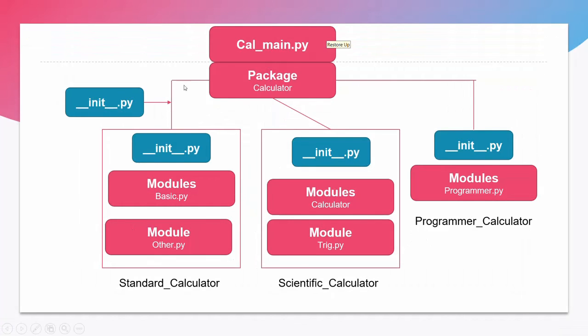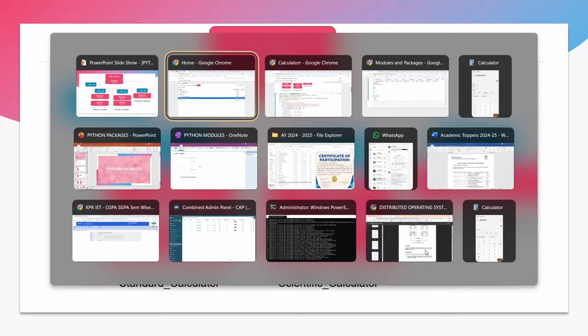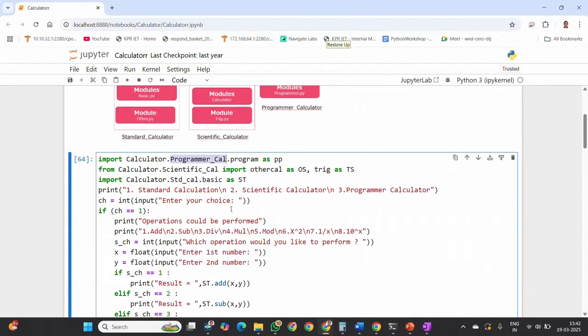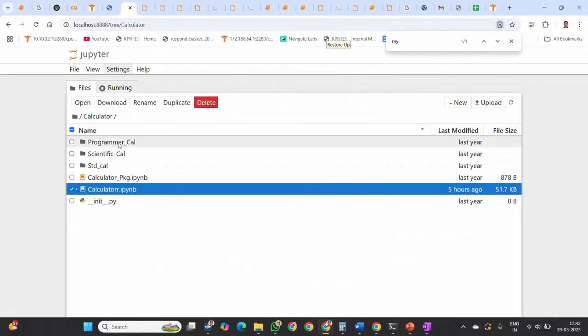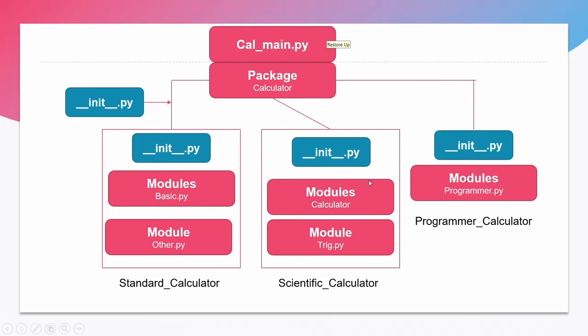This is my calculator package, and inside this I have the programmer calculator. So how will I call that particular package? What is my main package name? Calculator dot programmer calculator dot. So inside that, what is the module name? Program.py. So this is what I have given here.